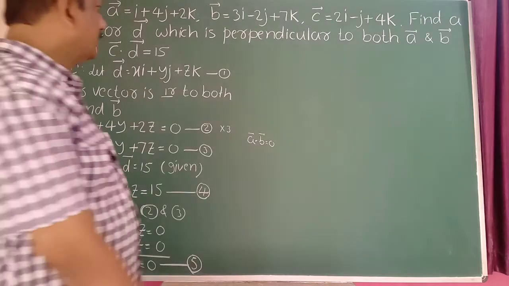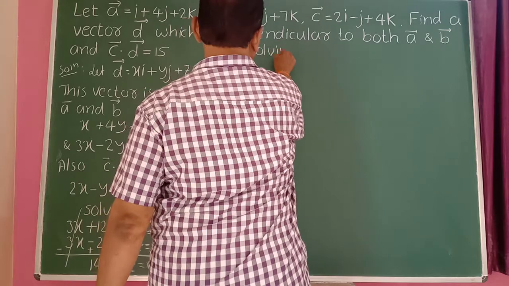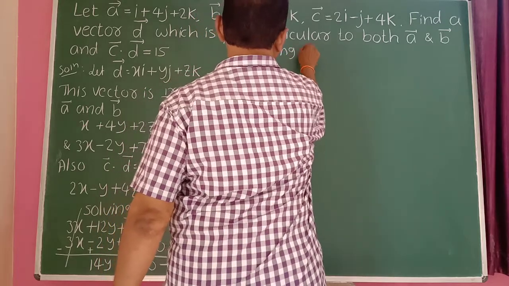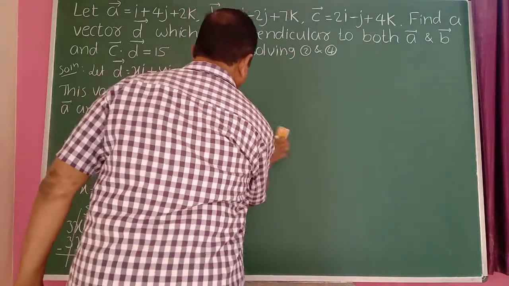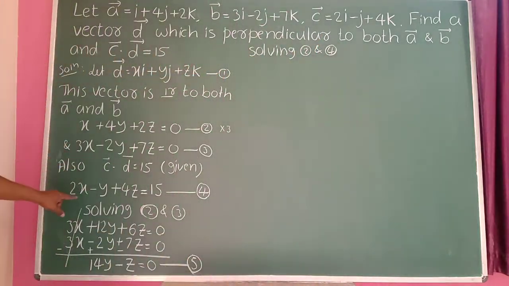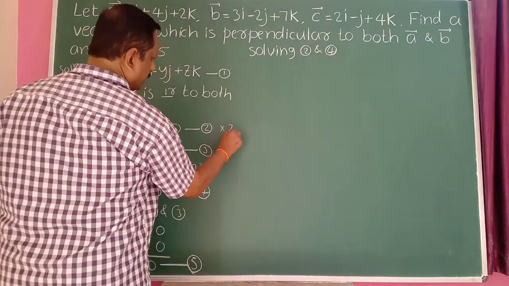Next, solving equations 2 and 4. In this case, x is 2x. Multiply the second equation by 2.